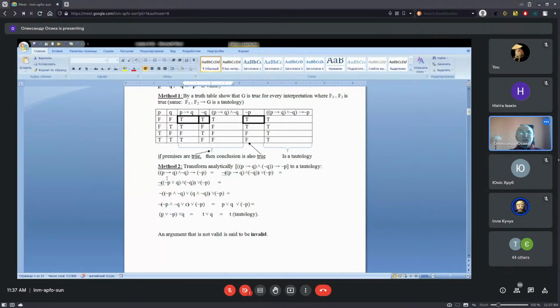We do it like this. Just a moment. P implies Q and not Q implies not P. The first thing that we do is, what is it?